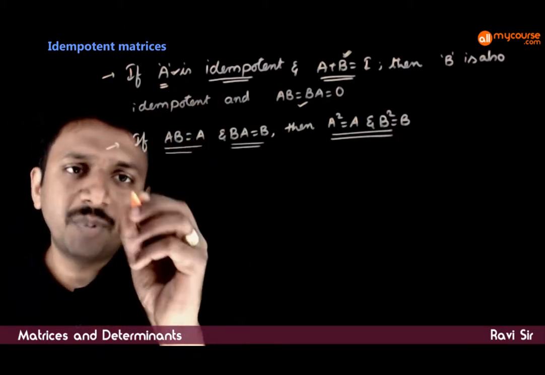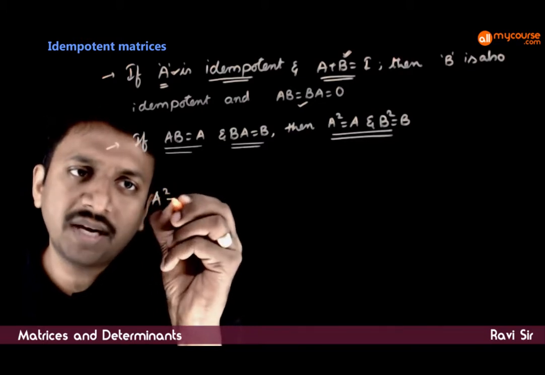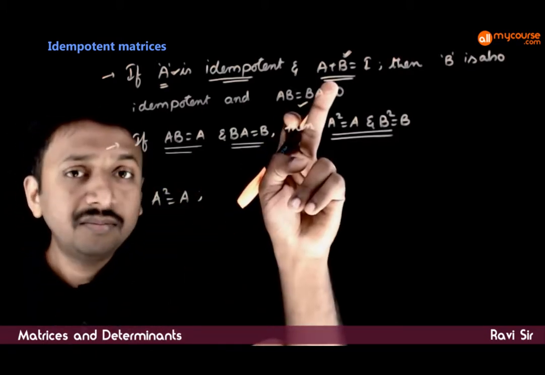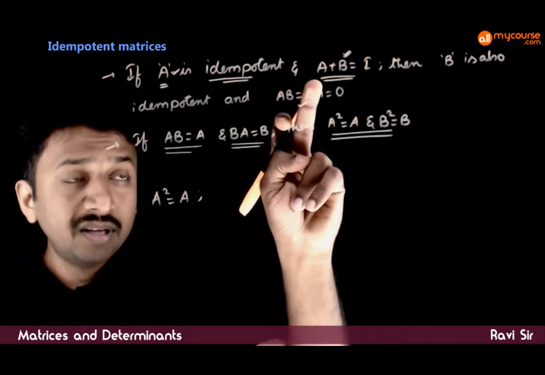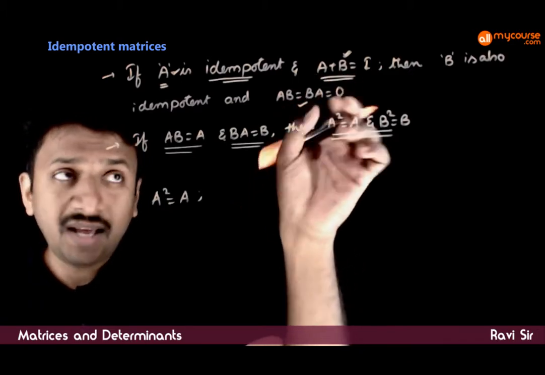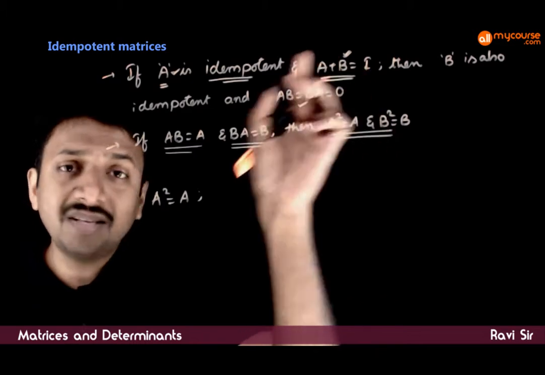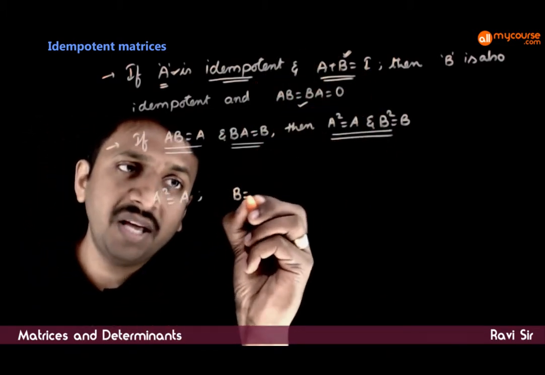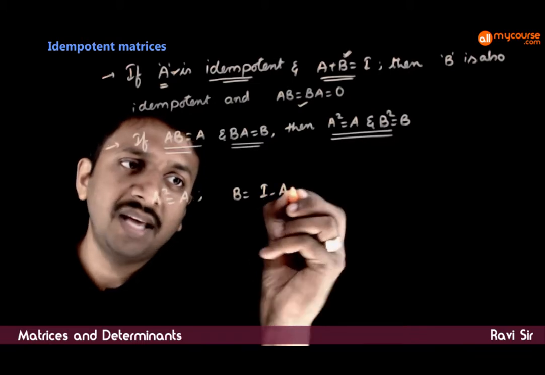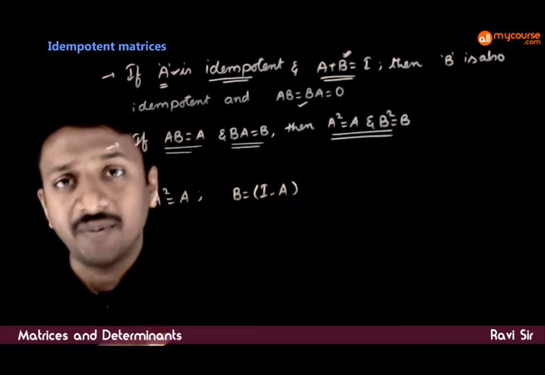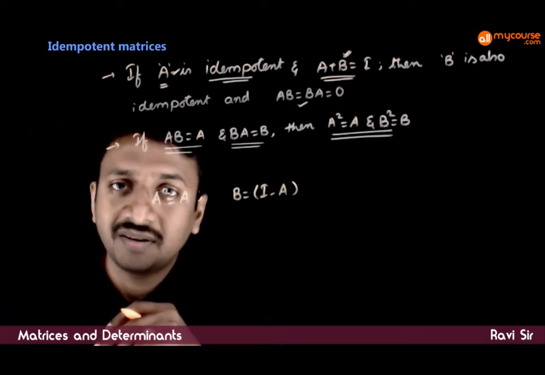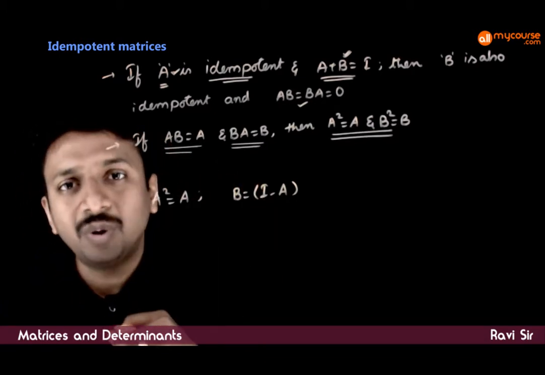A is idempotent, that is A square is equal to A. Then A plus B is equal to I. If this also is valid, then B is idempotent. That means you need to prove that the matrix B, which is equal to I minus A, is also idempotent. I think this is very easy to prove.